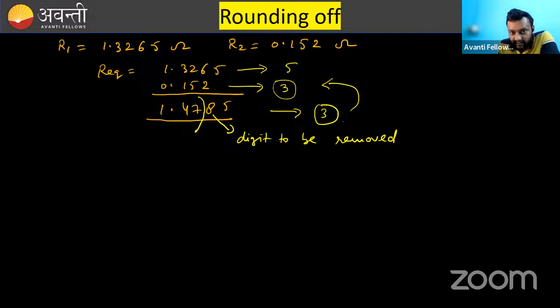The digit to be removed is 8, and the digit before it is called the preceding digit. And the digit after it is called the following digit. Clear this point.